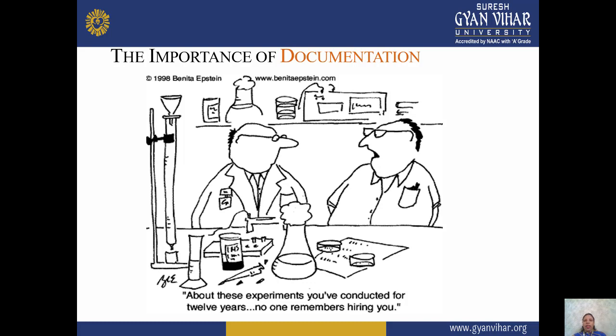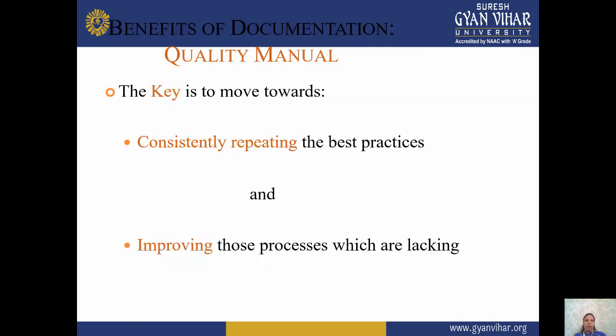If your work is not documented, that means if you don't have the documents, nobody will believe you. For the evidence, proper documentation should be there. If you have documents, you have proof.